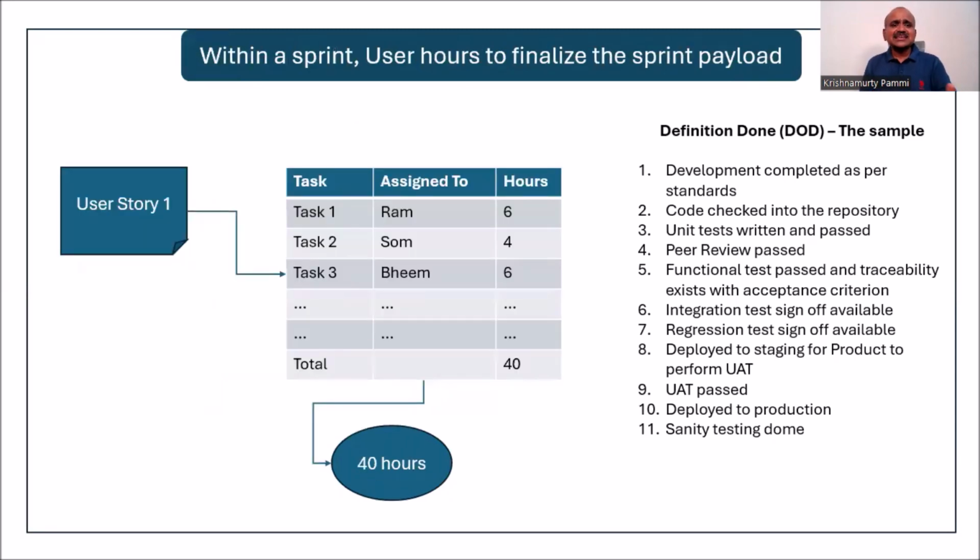What I'm conveying is how these hours are decided: by splitting the user story into tasks, assigned to specific persons, and these hours assume an average person. An average developer, not a beginner and not an expert, keeping the complexity and risk in mind, how many hours will it take. So you can estimate it so that anybody tomorrow can take this user story.